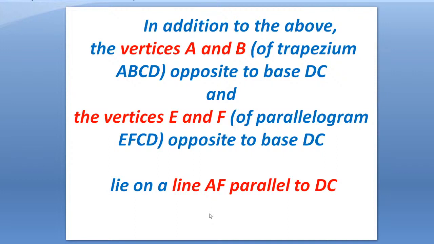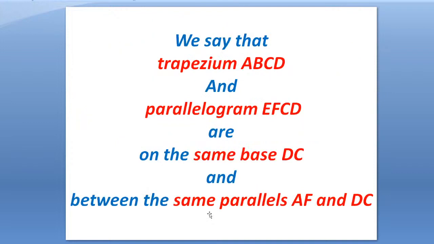So A, B, E, F are lying on a line AF which is parallel to DC, and we say that trapezium ABCD and parallelogram EFCD are on the same base DC and between the same parallels AF and DC. So this concept is very important.